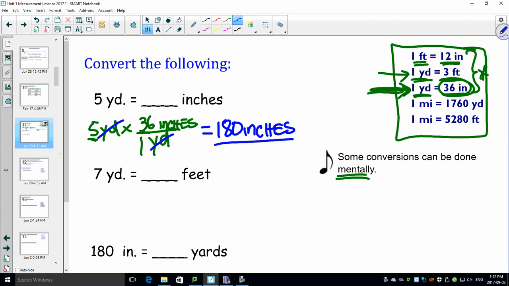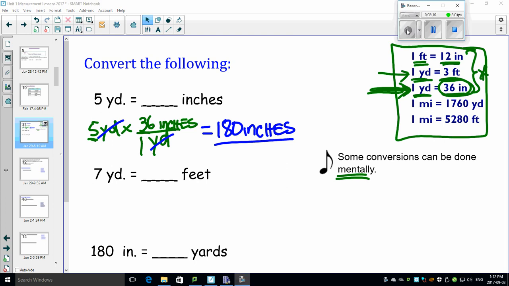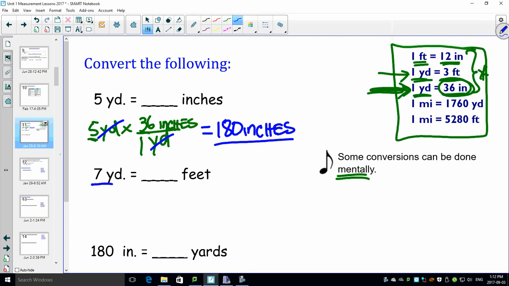I'm going to do the next question in terms of proportions. Let's see if that works for this. We know that this is 7 yards. We want it in feet. The question is, how many feet is that?